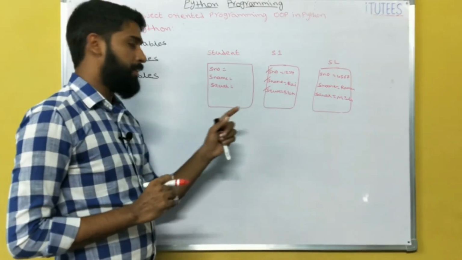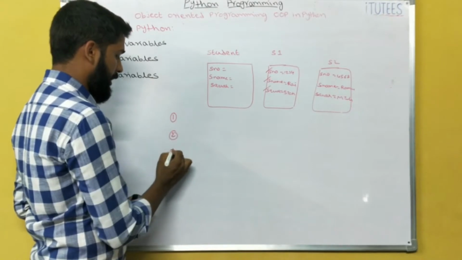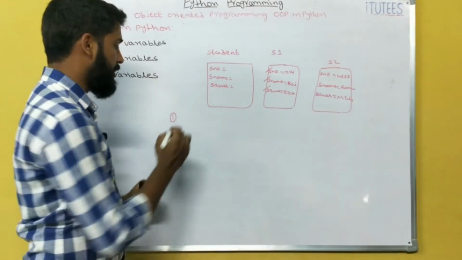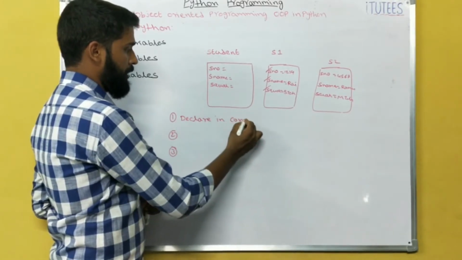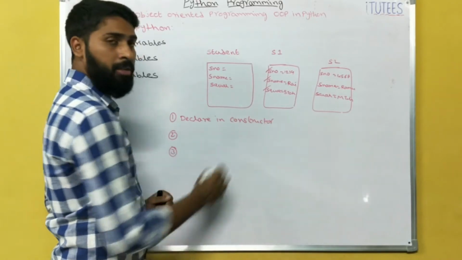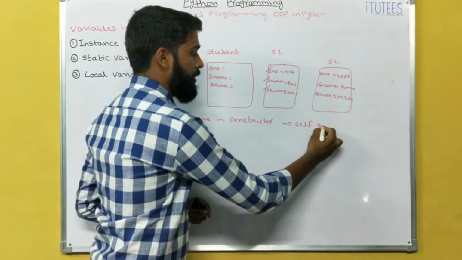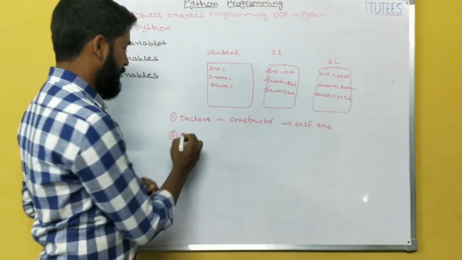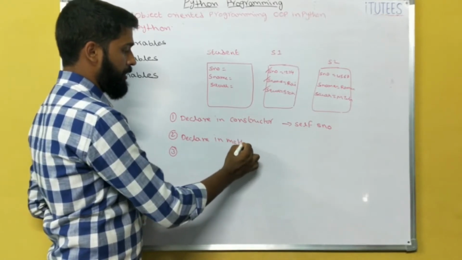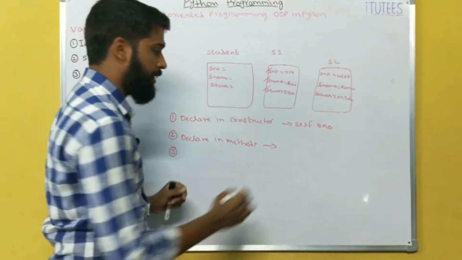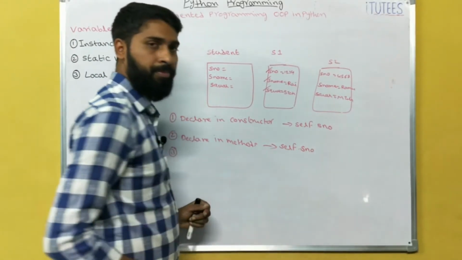So how can we declare instance variables? We can declare instance variables in three ways. One is declaring in constructors. We already saw how we can create these variables: self dot snumber. Second, declaring in methods. In this also we can define the instance variables like self dot snumber.